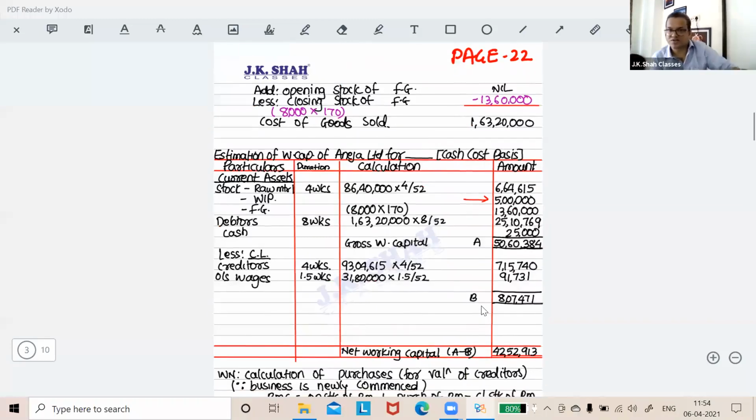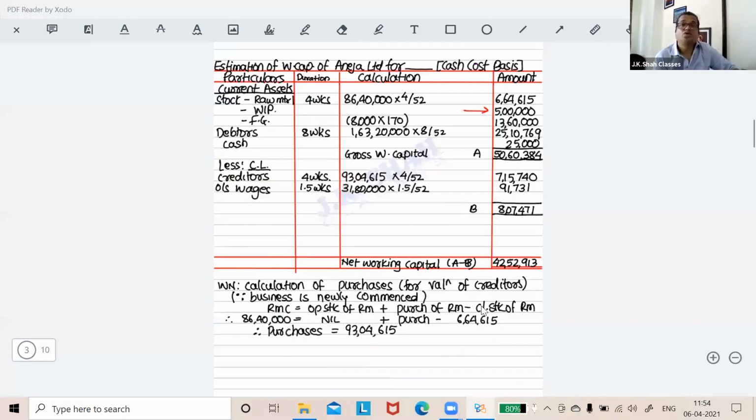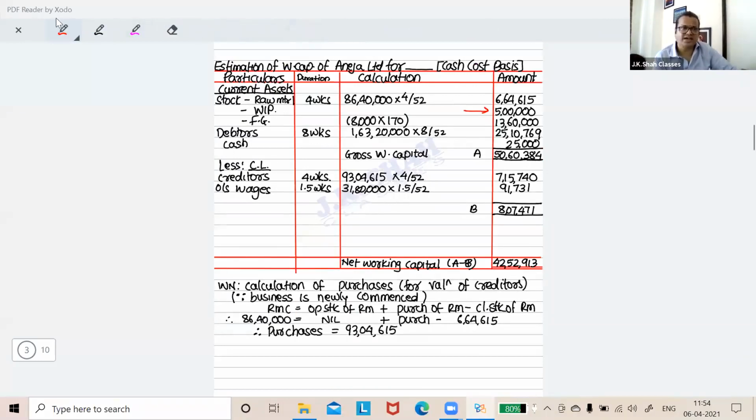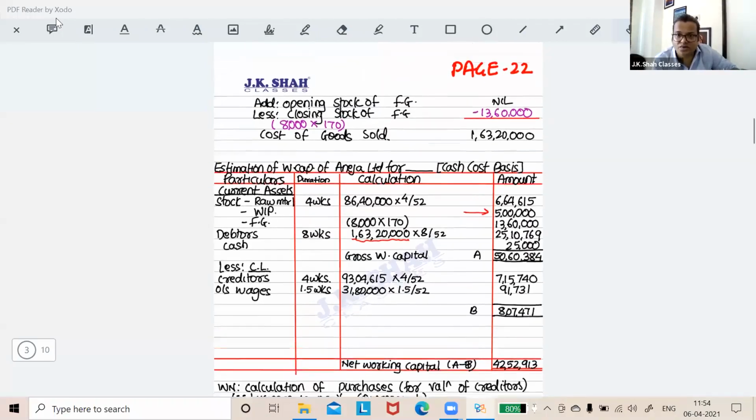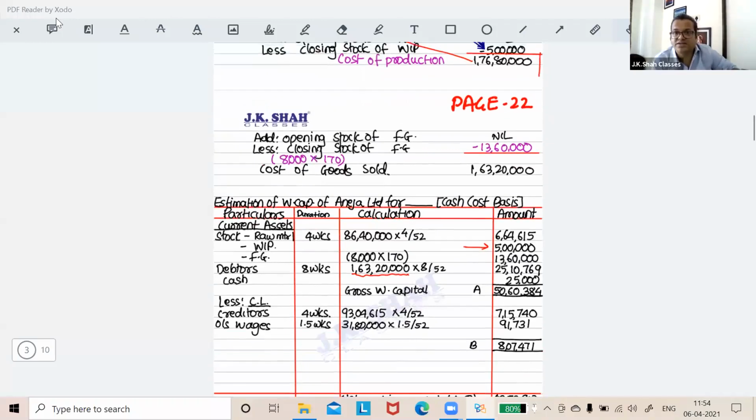Then finished goods 8,000 units. Go to the question, check what the cost per unit is. Cost per unit is 170. So directly multiply by 170. So we are done with this also. Debtors you have to calculate for 8 weeks. So what is this, 1 crore 63 lakh 20,000? That is simply what? 96,000 units, right? See, cost of goods sold. 96,000 units you have sold.